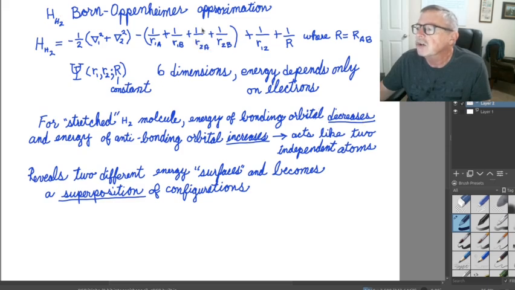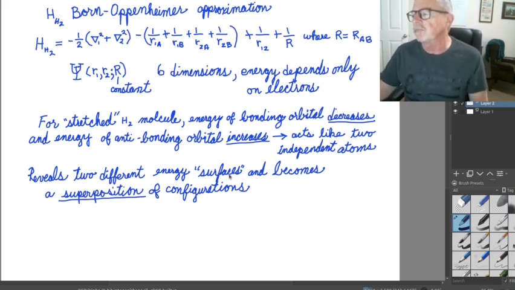R gets bigger and the attractive force becomes less, and the energy of the anti-bonding orbital increases, the repulsion term between the electrons. And this acts like two independent atoms, or approaches looking like two independent atoms. And this reveals two different energy surfaces.